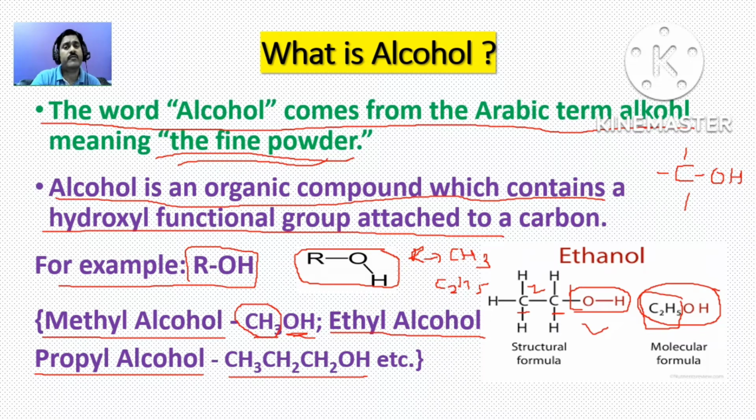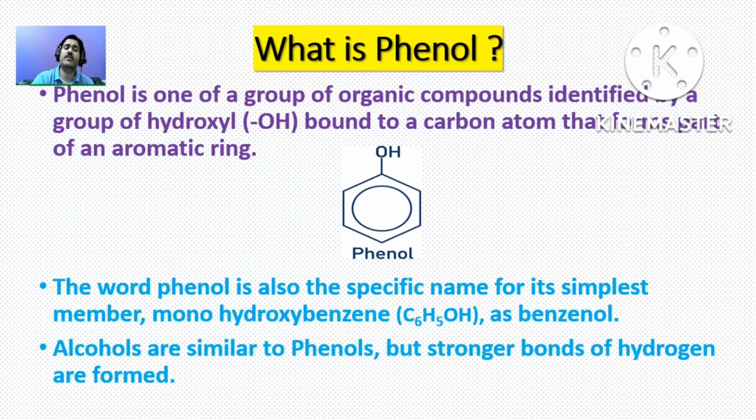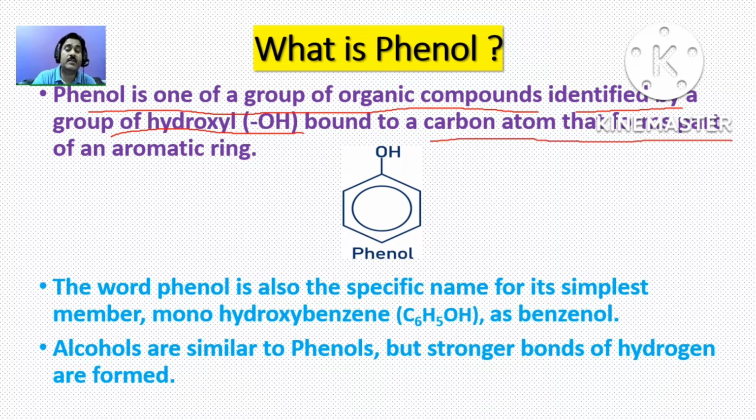Let's see what are phenols. Phenols are one of the groups of organic compounds identified by a hydroxyl group bound to a carbon atom that forms part of an aromatic ring. What is an aromatic ring?